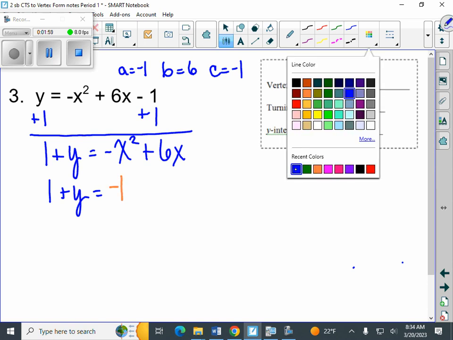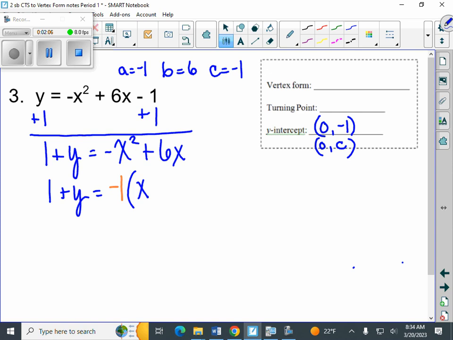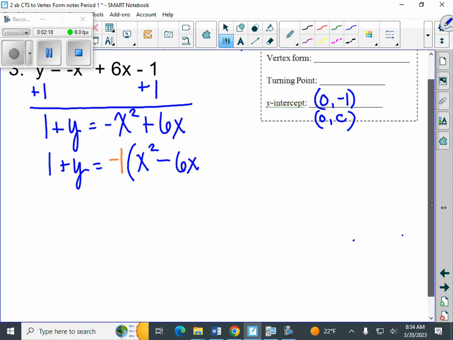And when we factor that out, negative x squared divided by negative 1 is positive x squared. Positive 6x divided by negative 1 is negative 6x. And here at this point is where we will add the box. Here comes the box.